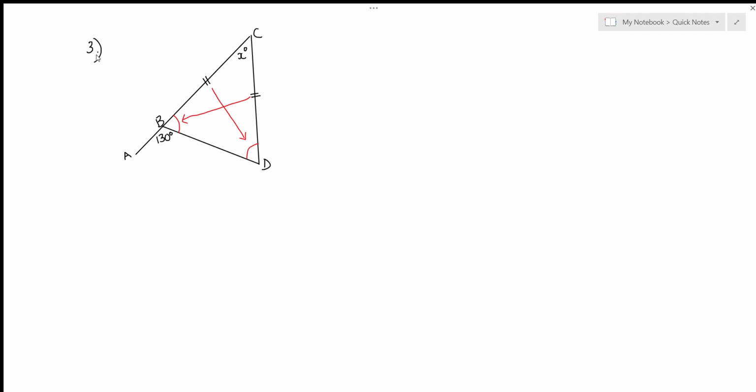Angle CBD, so that means this angle here, plus 130 degrees is equal to 180 degrees, adjacent angles on a straight line.